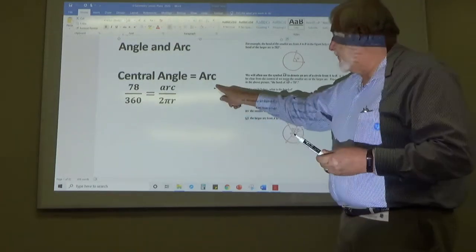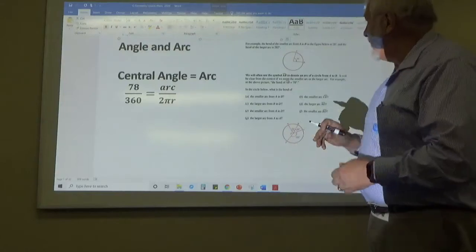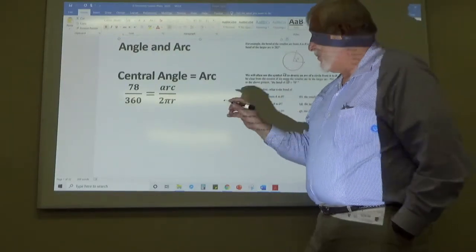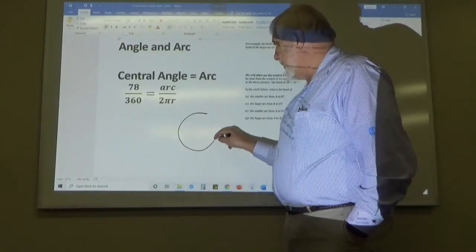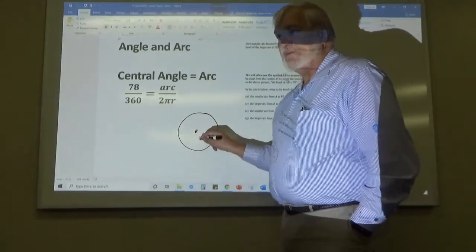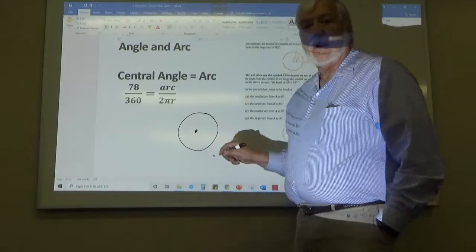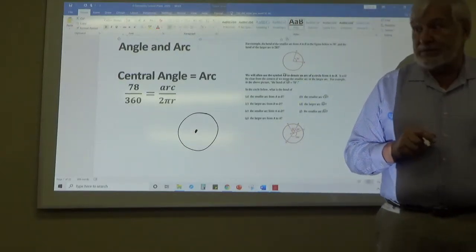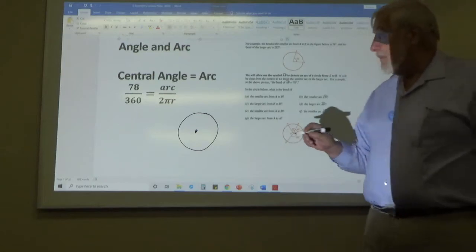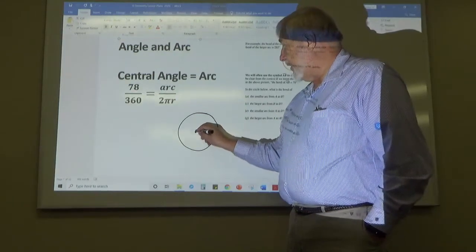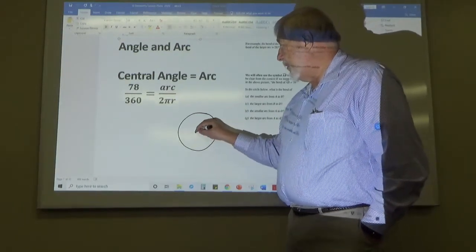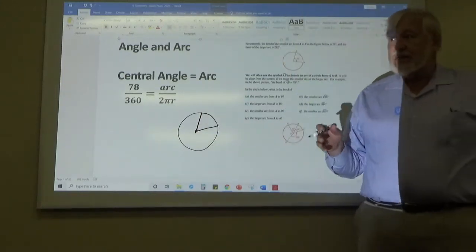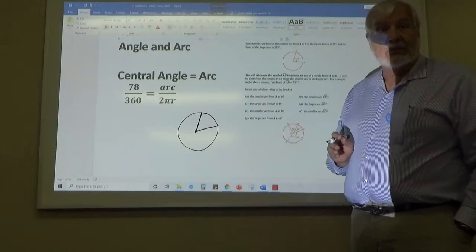Okay, so the first thing that we're going to talk about is a central angle. Now, in a circle, the center of the circle is where the central angle occurs. So if you draw an angle that has the vertex in the center, that's by definition a central angle.